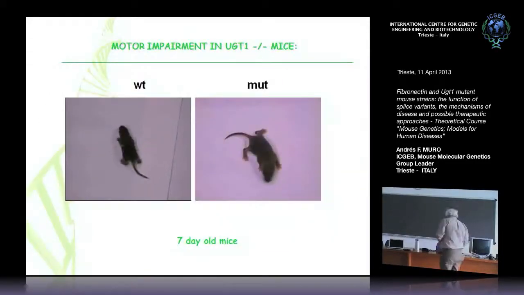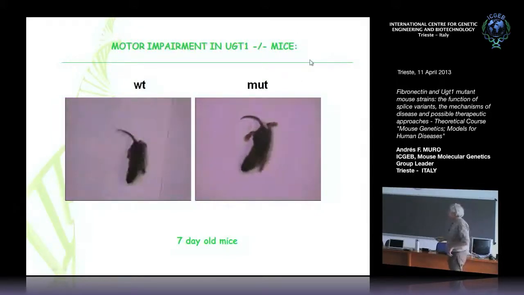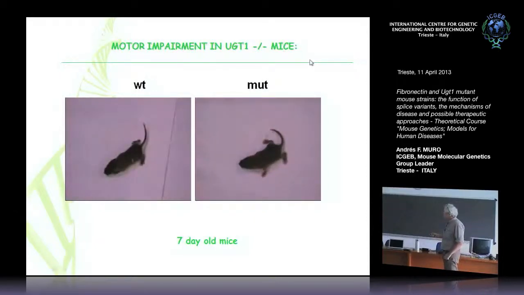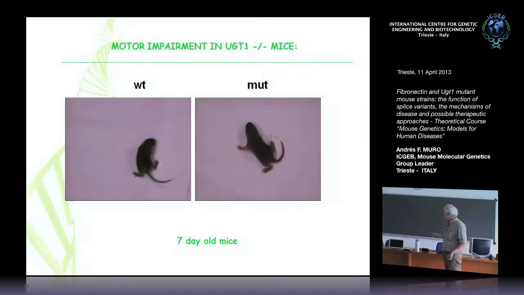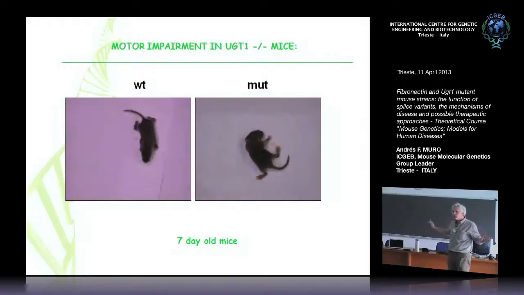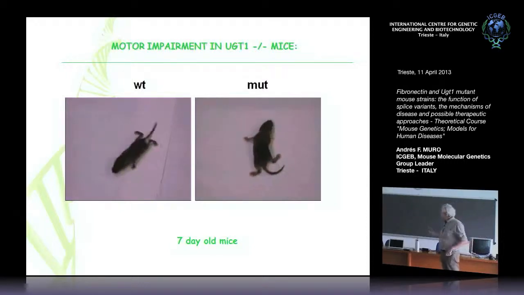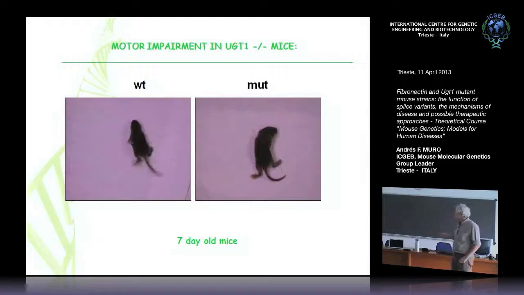The animals also have some problems. These are animals at P7. You can see that this mutant animal already has motor problems, so it cannot move easily. The legs are open just to keep balance, and it is very slow in its movement.